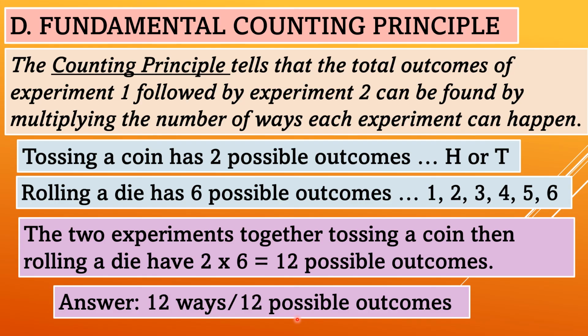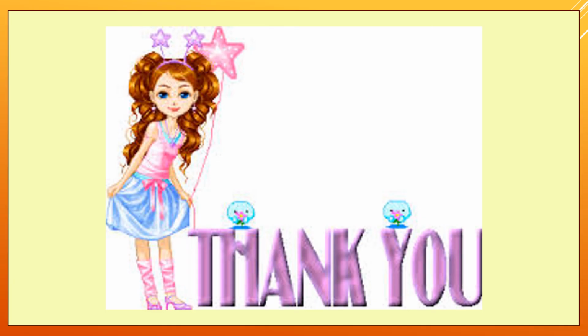So, sa apat na paraan na yun, ay the same pa rin ang ating answer, which is 12 possible outcomes kasi the same pa rin yung problem na ating tinalakay. Okay, naintindihan po ba? Very good.